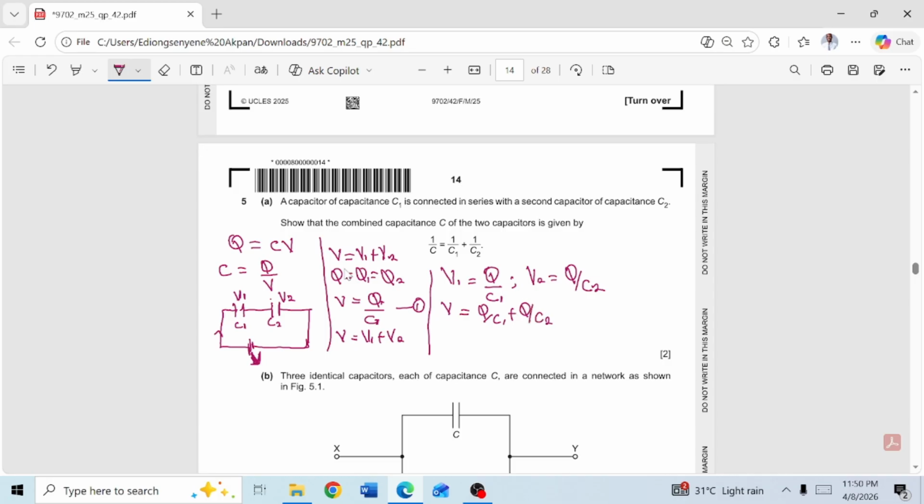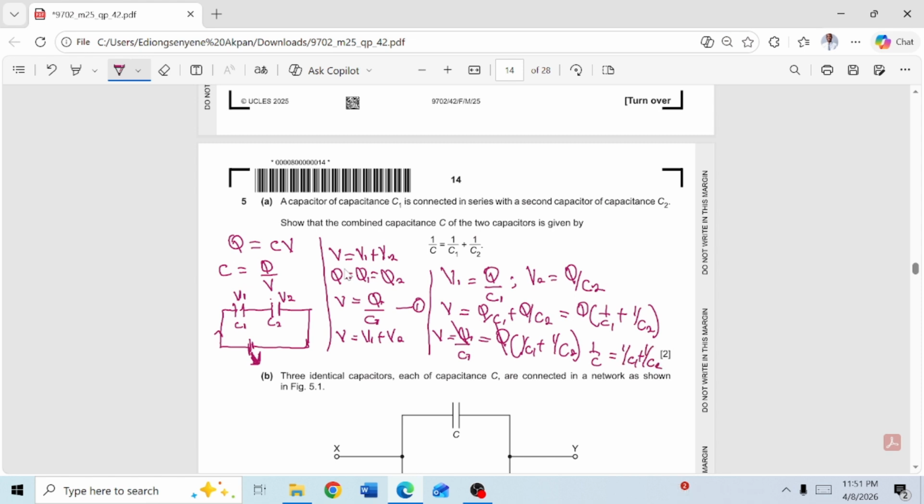By factorizing it, we have Q outside times 1 over C1 plus 1 over C2. Now, comparing this with what we had as V equals Q total over C total, equal to Q times 1 over C1 plus 1 over C2, you agree with me that the Q cancels, and we have 1 over C equal to 1 over C1 plus 1 over C2.